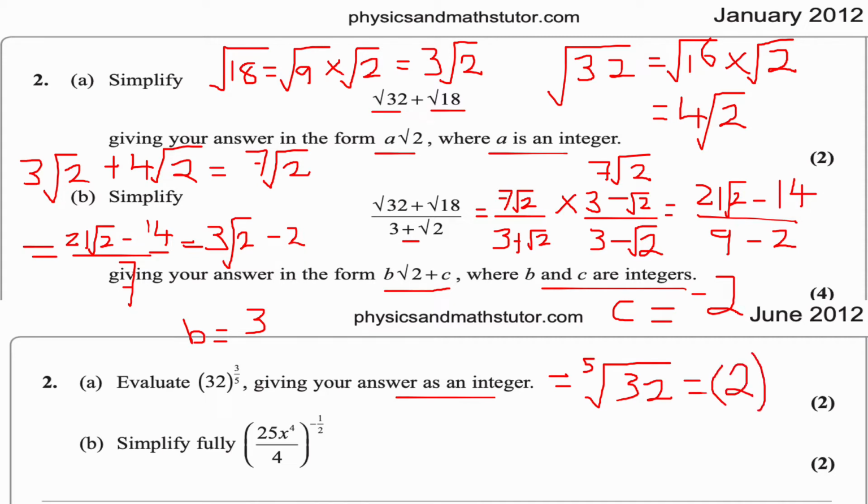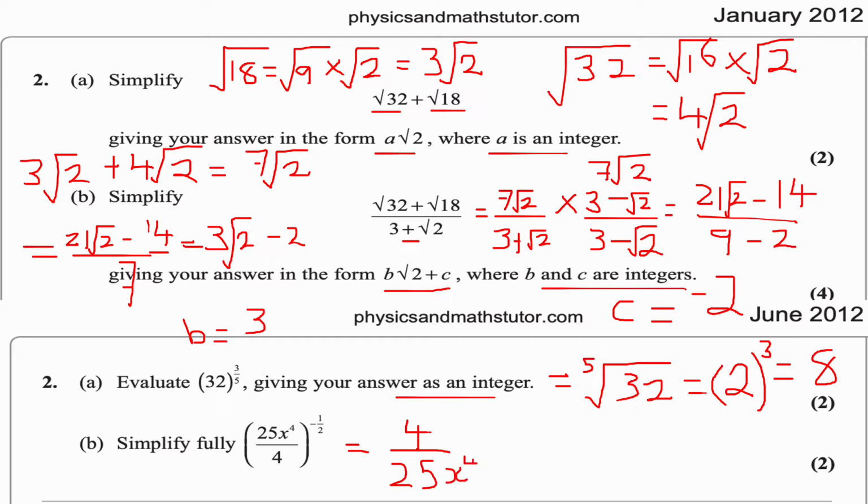So 2 cubed is 2 times 2 times 2, which gives me 8. Okay, for that one. For part B, 25x to the 4 all over 4 to the power of minus a half. Well, the minus flips it, so I get 4 over 25x to the 4. And then I'm raising that to the power of a half.